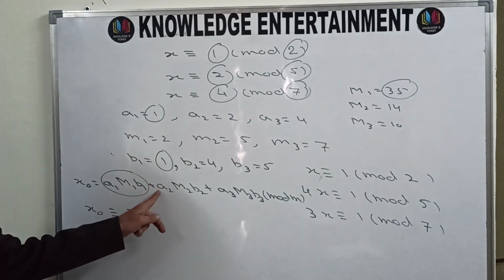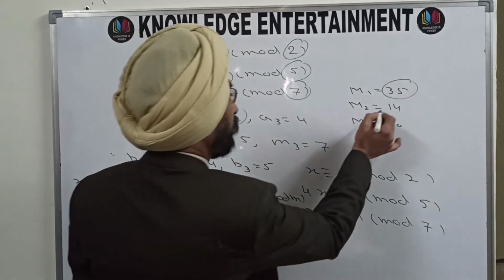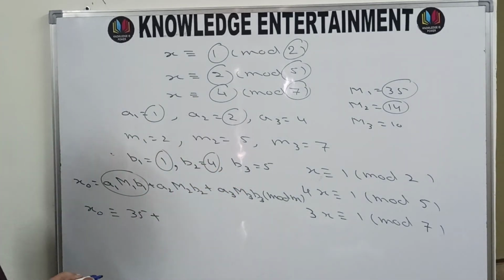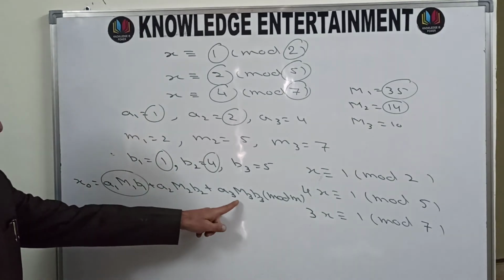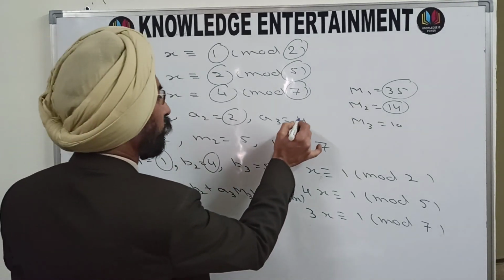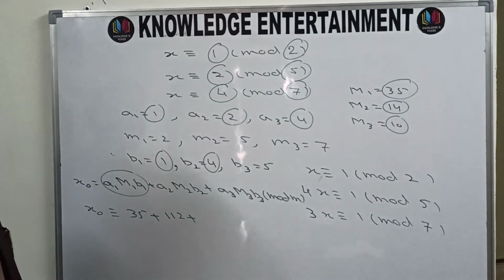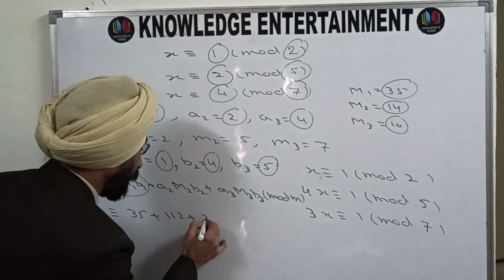Plus a2 M2 b2: 2 multiplied by 14 is 28, and 28 multiplied by 4 is 112. Plus a3 M3 b3: 4 into 10 is 40, and 40 multiplied by 5 is 200.